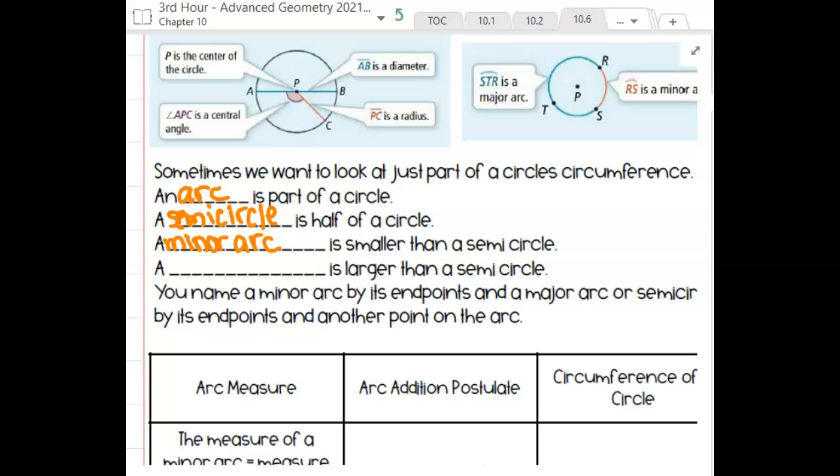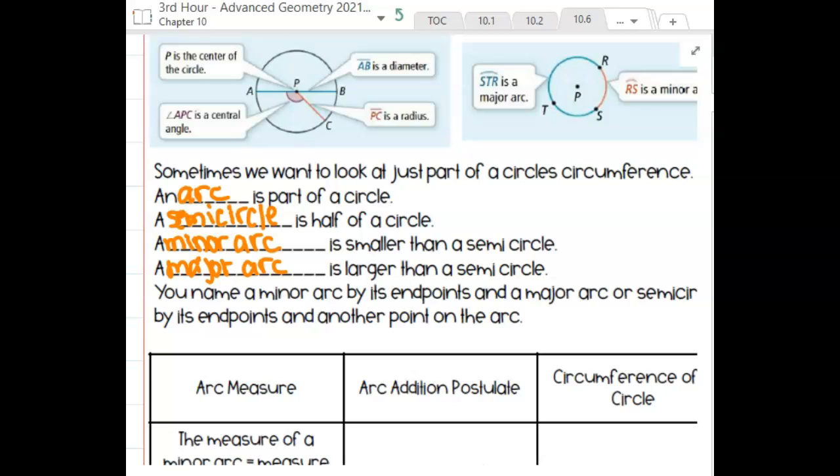If I wanted to talk about more than a semicircle, larger than a semicircle, that is called a major arc. Okay, so a minor arc, smaller than a semicircle, a major arc, larger than a semicircle. Now, how we name arcs is going to depend on whether it's a minor arc or a major arc.